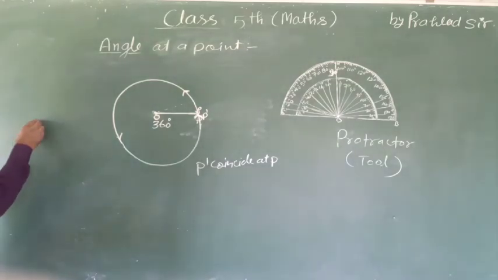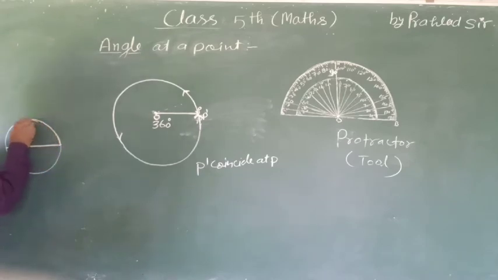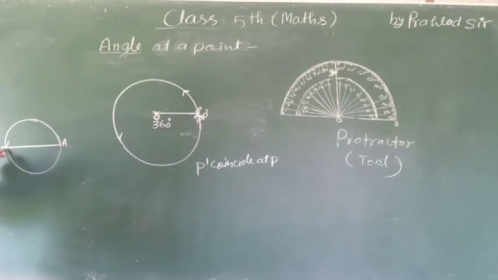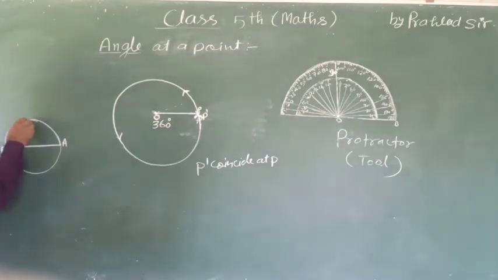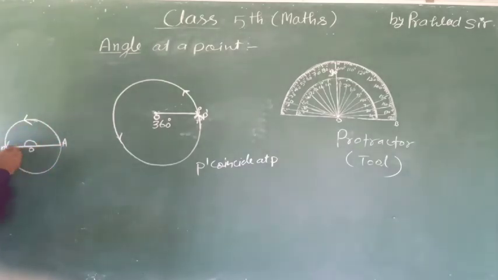Here, for any angle, a point moves, let us say from A to B at point O. This angle is the travel distance from A to B, which makes a straight line, known as 180 degrees.